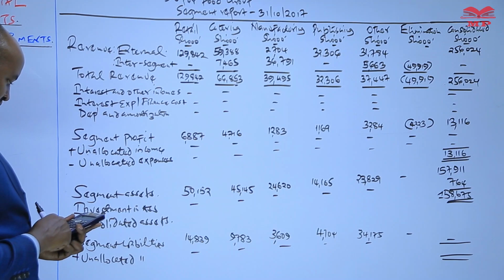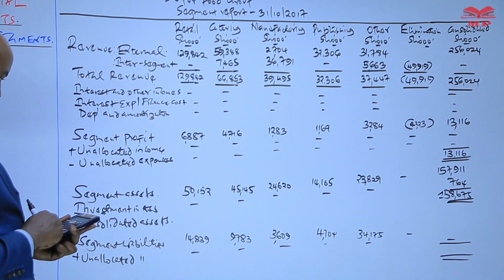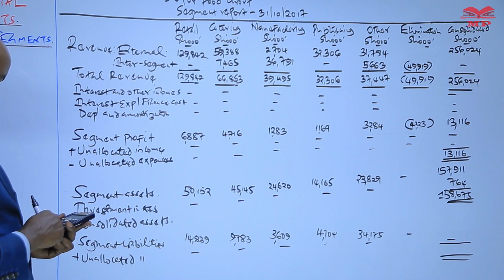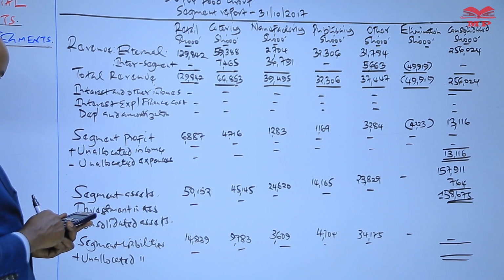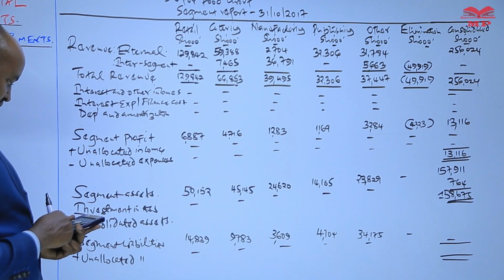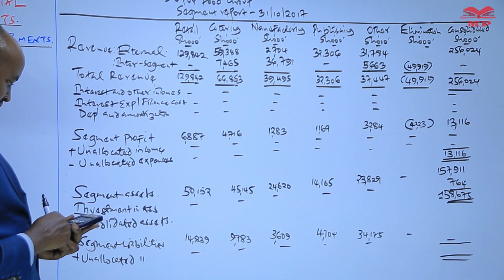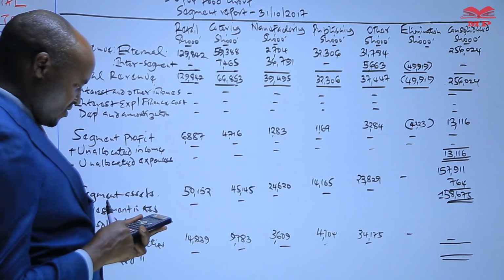We have 14,839 plus 97,83 plus 36,09 plus 47,04 plus 34,175.